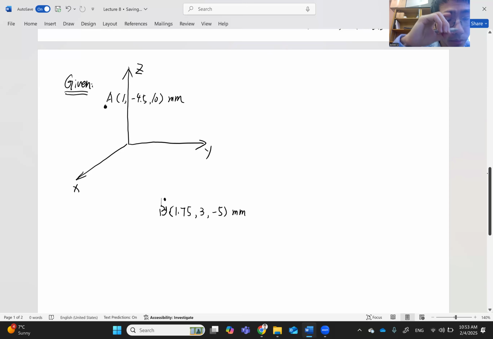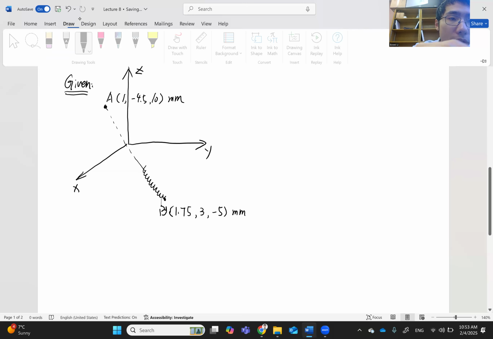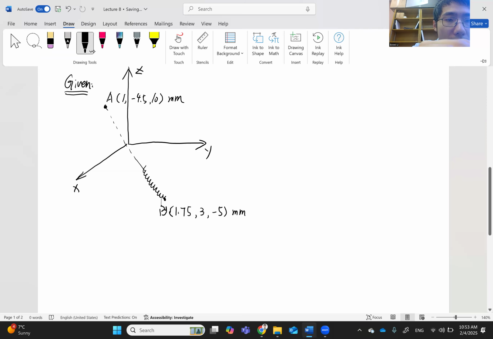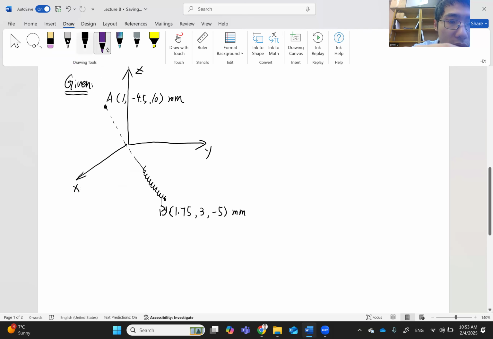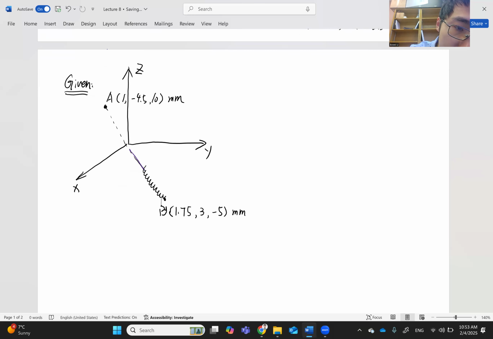This cable or spring is along the line from B to A, and there's a force pointing from B to A. It is stretching the cable, and the magnitude of the force equals 100 Newton.